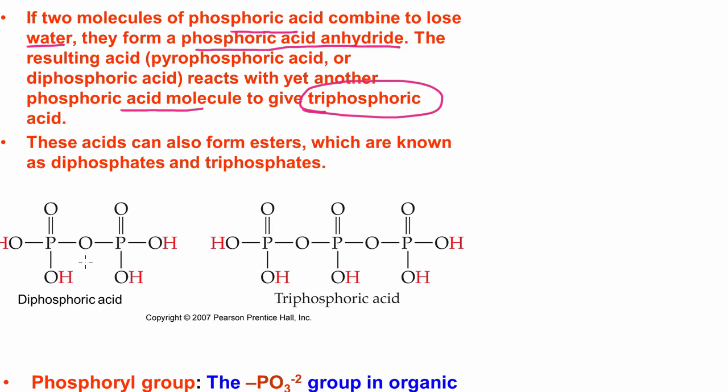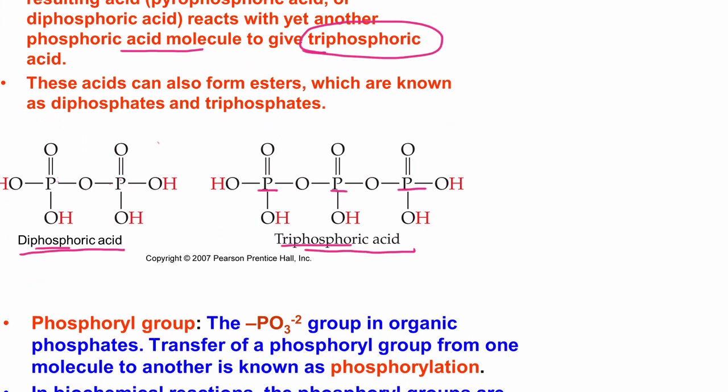So these acids can form esters, and these esters are known as diphosphates and triphosphates. So again, we have 2 of these molecules, and notice that there's an oxygen here bonded to 2 phosphorus atoms. That's a diphosphoric acid. Here we have 1, 2, 3. So that's a triphosphoric acid.